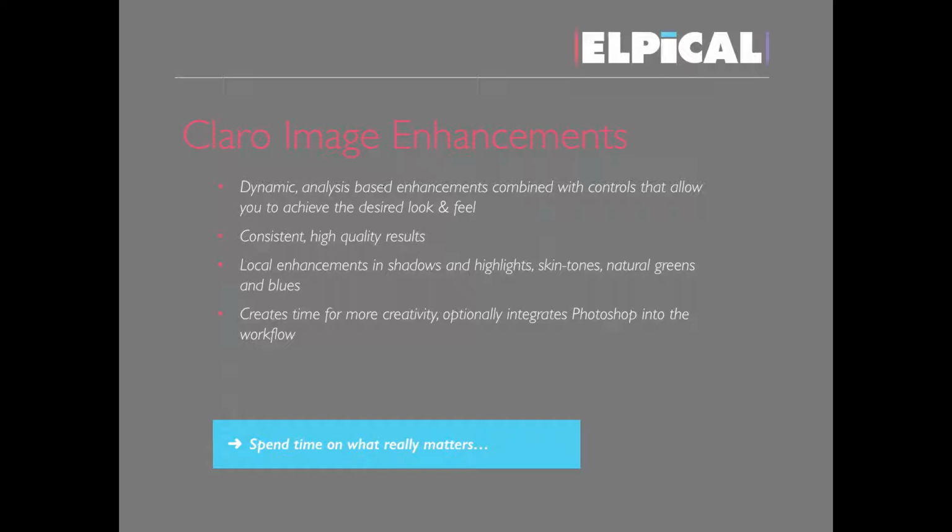So if we have quite clear images combined with darker images, Claro will try to standardize that level throughout the different images that it processes. You will also be able to apply local enhancements in shadows and highlights, but also specific enhancements in skin tones, natural greens, and blues.